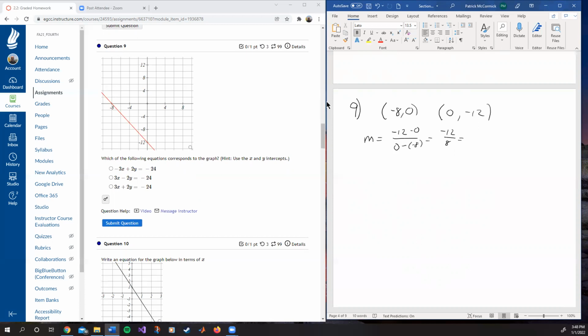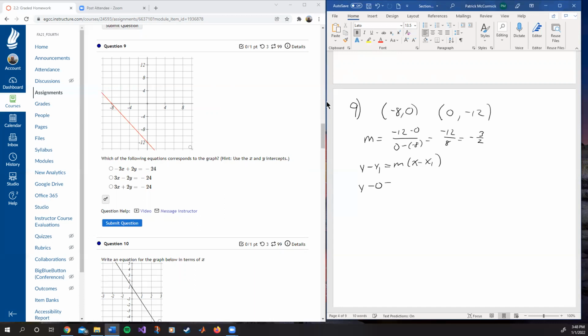Again, use your calculator, right? That's 3/2. So -3/2. All right. So our equation then, right? Remember, point slope form of a line, y minus y1 equals m times x minus x1. So let's choose a point. So we'll choose that first point, -8, 0.